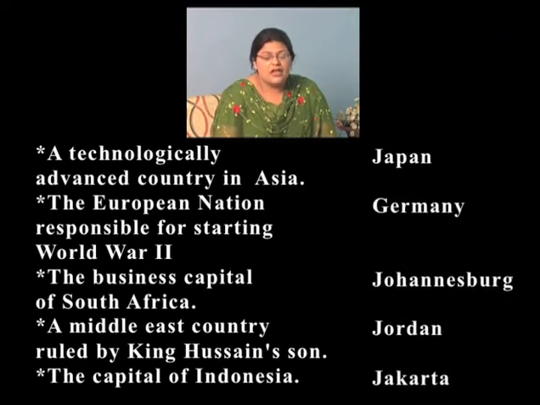The European nation responsible for starting World War II, Germany. The business capital of South Africa, yes, Johannesburg. A Middle East country ruled by King Hussein's son is Jordan. And the capital of Indonesia, Jakarta. I'm sure you got all those answers right.